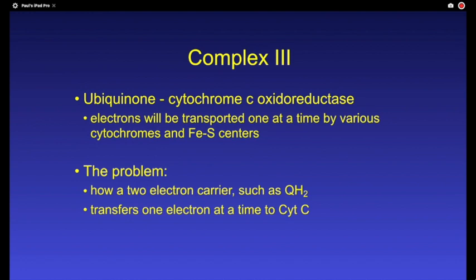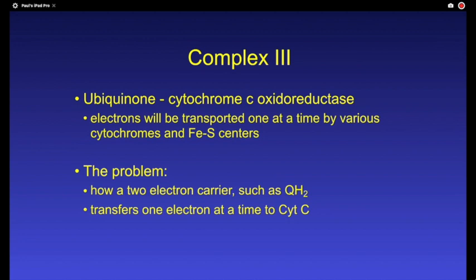All right, here is the problem. QH2 has 2 electrons. It is going to take the 2 electrons and give one to cytochrome C. But then it's got an extra electron. What does it do with this? The complex 3 has a cyclic process that will regenerate a QH2.